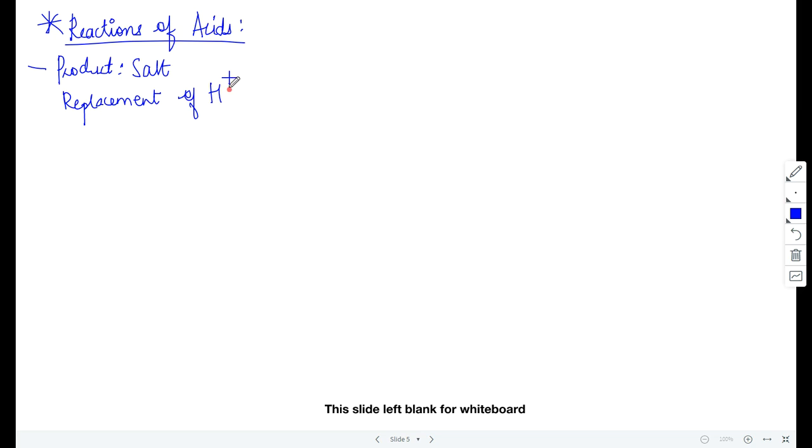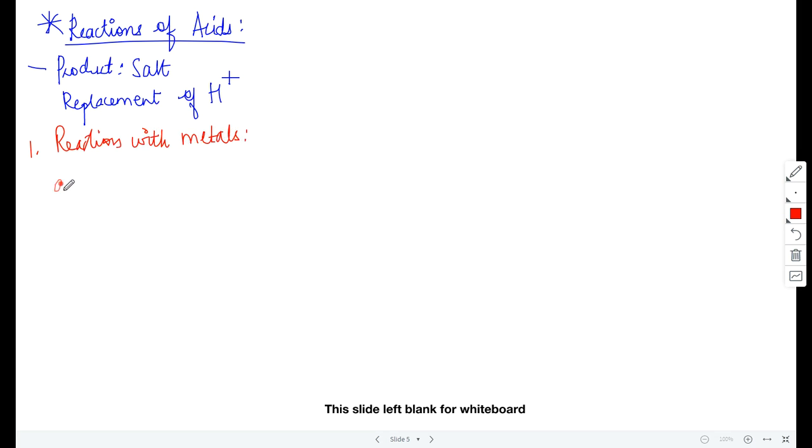Now we'll see a few examples of how the reaction is happening. The first reaction is reaction with metals.